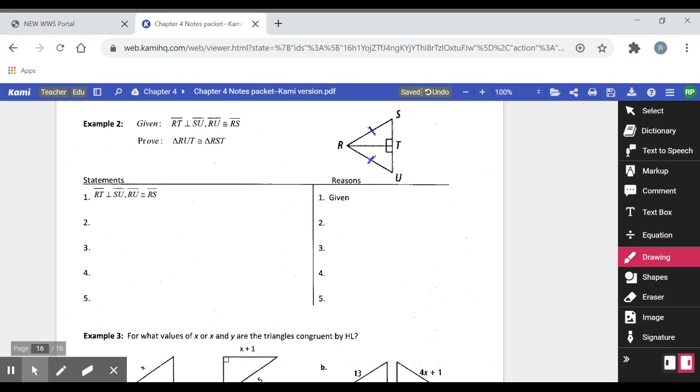From there, since it tells me those two segments are perpendicular to each other, I therefore know there's right angles there, which they did put in the picture, but I do need to specifically say that in the proof. So I can say angle RTS and angle RTU are right angles. Okay, and that is definition of perpendicular.